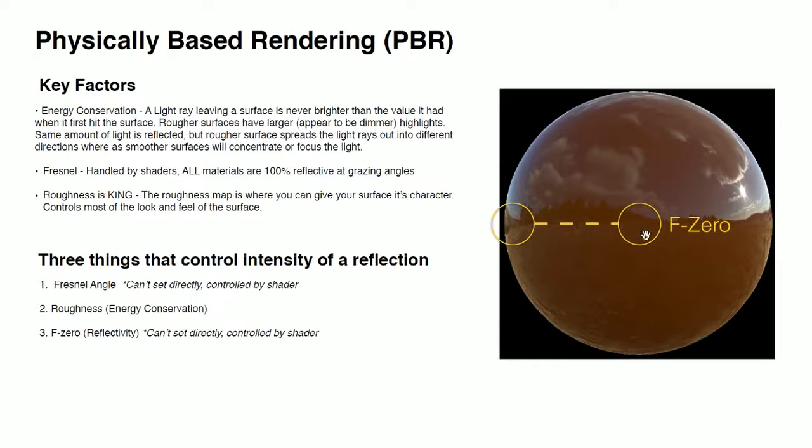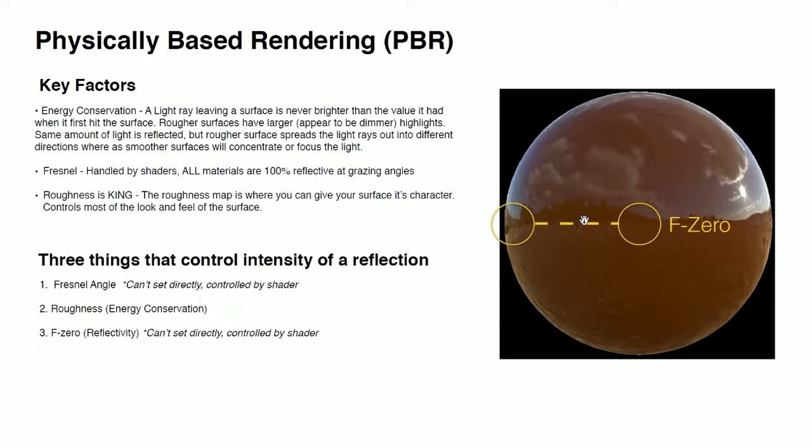So what it's saying is, at F0, what is the reflectivity of this? All materials are going to have some type of value for reflectivity at this F0, and we'll talk about that more in depth in just a bit. So anyways, I'm just letting you know we're talking Fresnel. We have this Fresnel equation working here for PBR, and this is something that's handled by the shader.